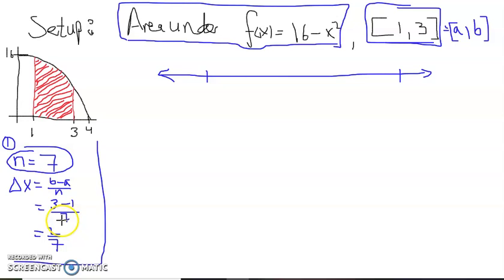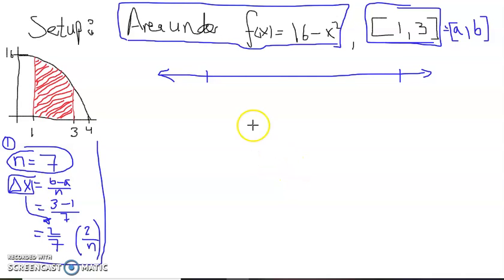If we didn't know the number, we would leave this as 2 over n, and that would be our delta x. In this case, though, we've chosen a specific n because I wanted to show you the specific example first before we get into the complicated stuff. And so in this case, when n is 7, it's 2 over 7.